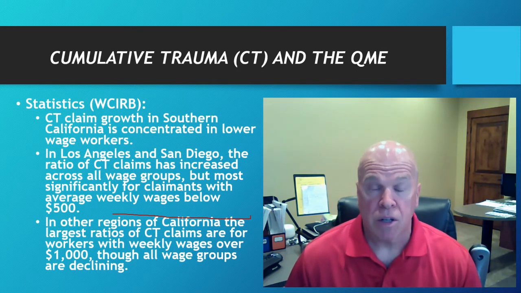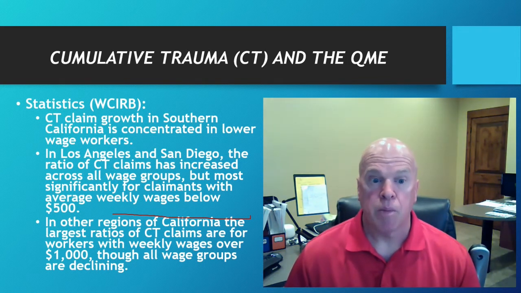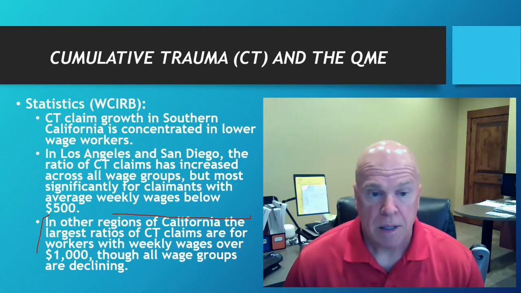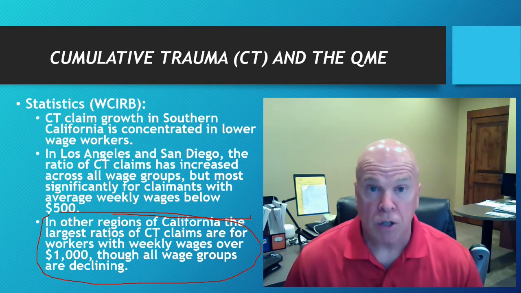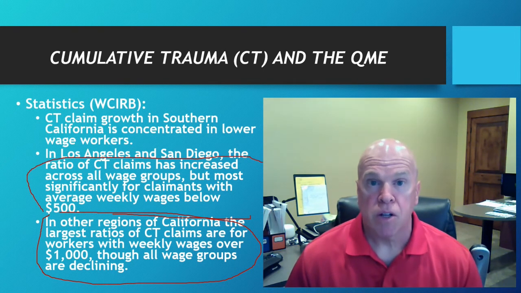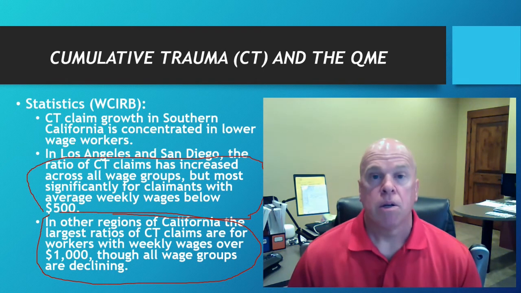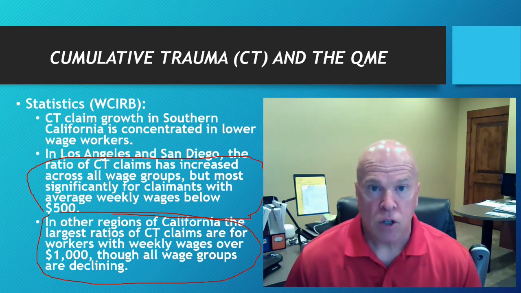I've had recent examinees who are involved in assembling circuit boards, injured workers involved in assembling piping conduits for construction groups, etc. And so these are low average weekly wage earners.